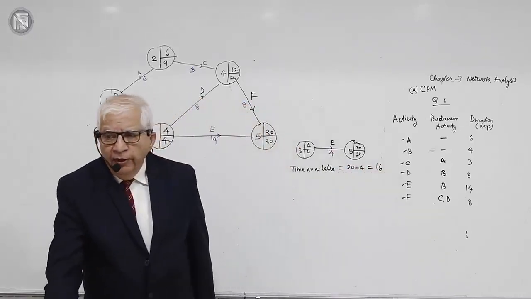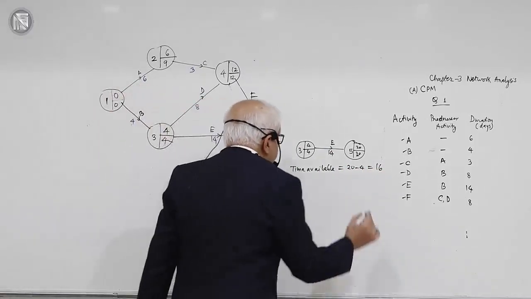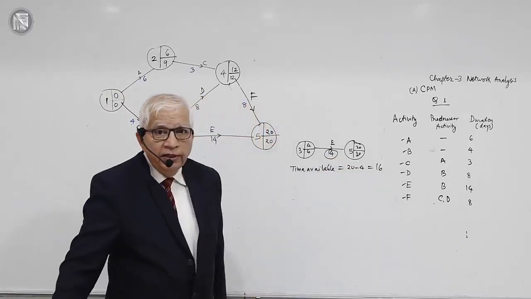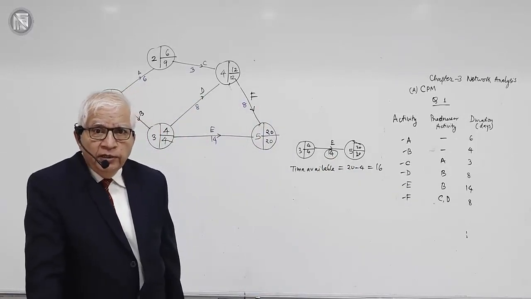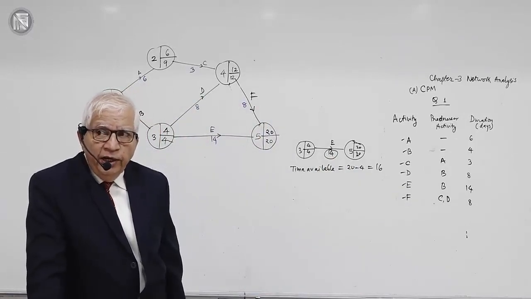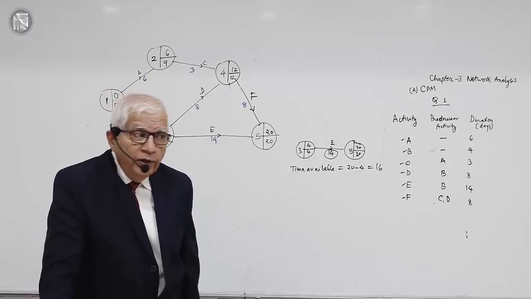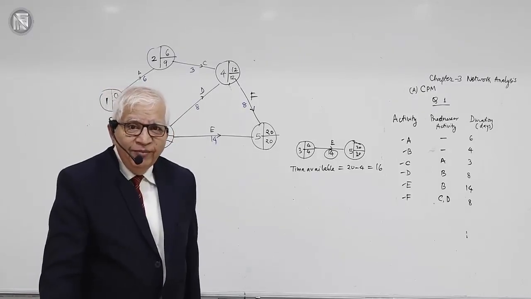The total time available for completion of this activity is 16, whereas the activity takes only 14 days. Which means that instead of taking 14 days, if this activity had taken 15 days, or for that matter 16 days, no damage would have been done. Even then, event number 5 would have still happened at time 20.